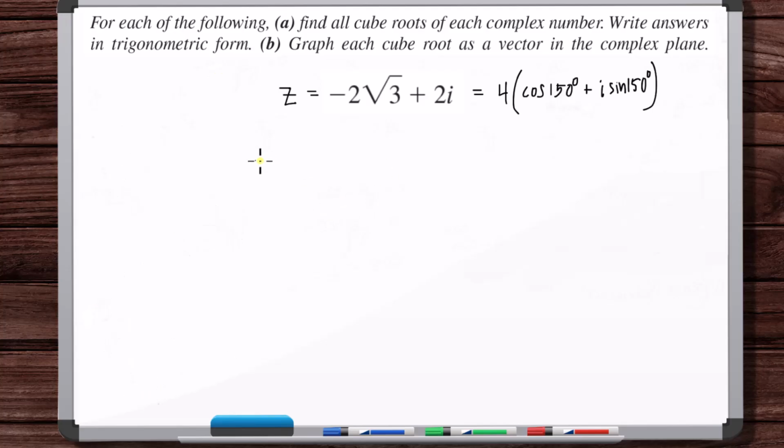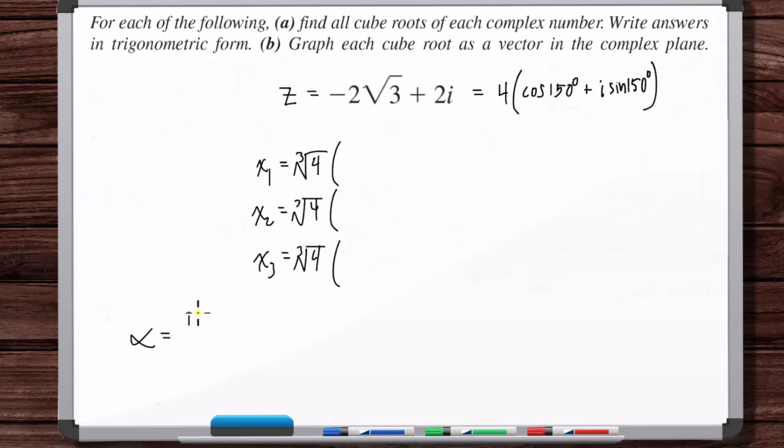Okay, so now we have 3 cube roots. Each of them are going to have the same radius given by the principal cube root of 4. Okay. Now the angles are going to be, we do 150 plus 360 times k divided by 3 with k being equal to 0, 1, and 2.